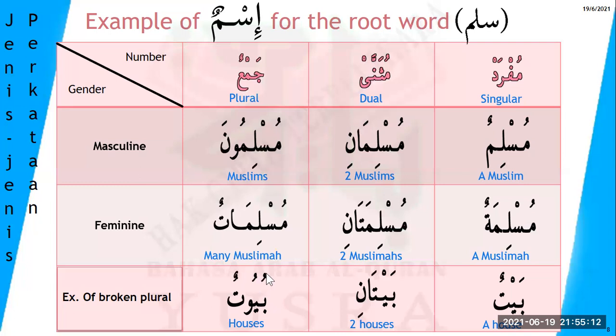Buyut, normally, if it's what they call a broken plural, will always be referred to as she, as a feminine. Muslimatun, of course, is feminine, but buyut, the broken plural, will be referred to as she, as feminine. Any question? If not, then we continue.